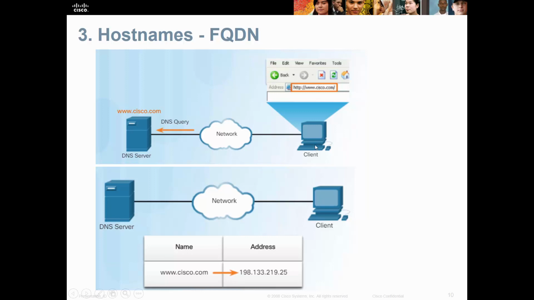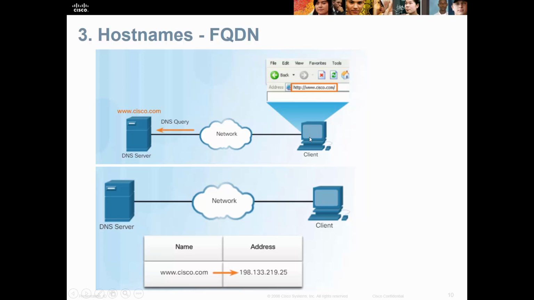So what happens is that before you can send a message to that server, the Cisco server, www, or the Amazon server you're trying to connect to, your PC sends a query or request to a domain name server, a server on the internet that is available to resolve or translate the name you want to get to an IP address.